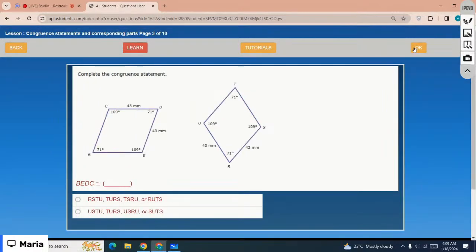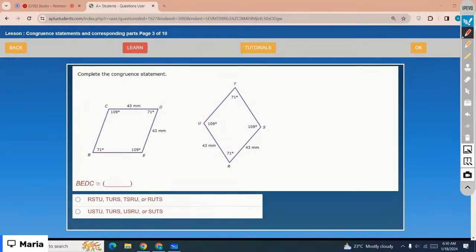The next one is complete the congruence statement. BEDC is congruent to, okay, STU. So option number 1, BEDC, just match the corresponding angles.